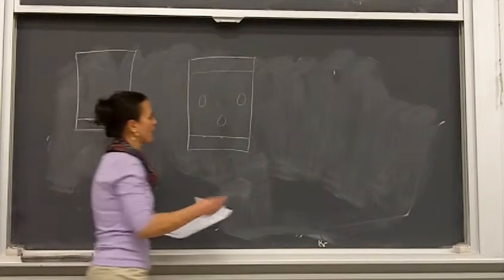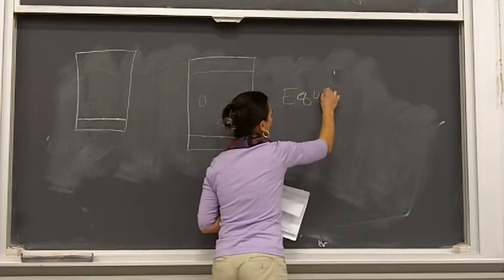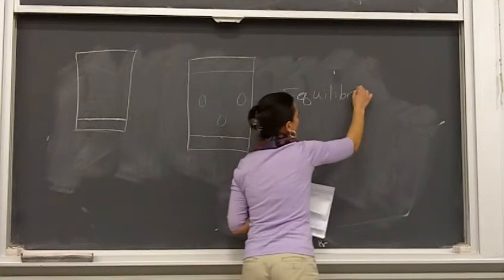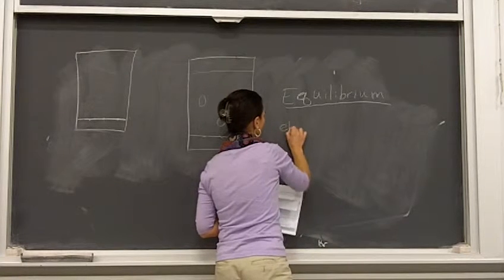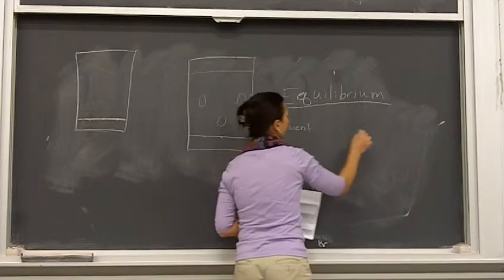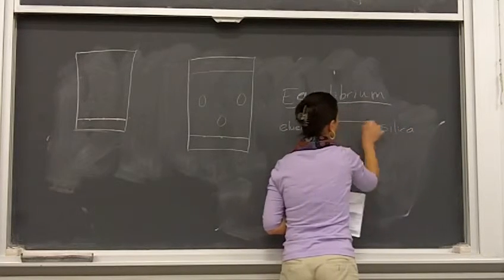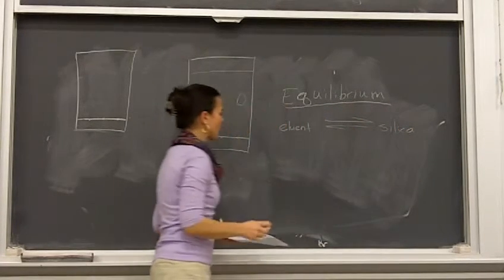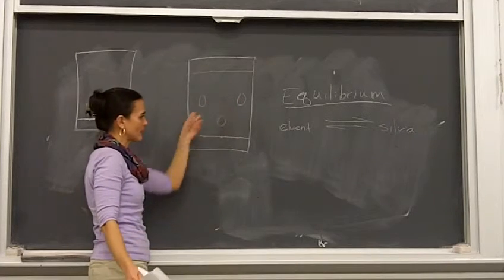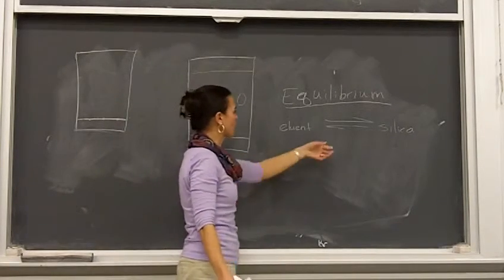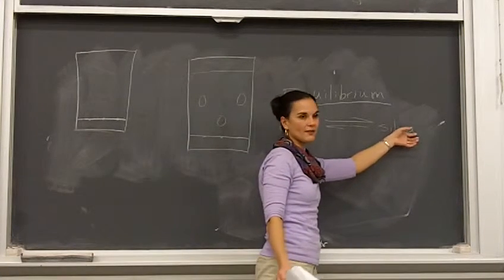And so what you've got going on is this equilibrium of the compound, and it's going between eluent and the silica, the stationary phase, going back and forth. And depending on how polar this compound that you just spotted on the TLC plate is, it will either spend more time hanging out with the eluent or more time hanging out with the silica.